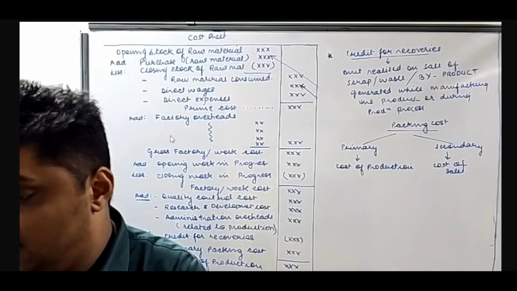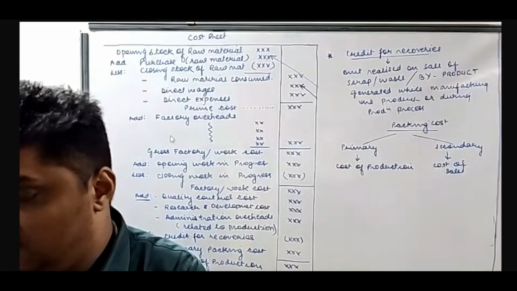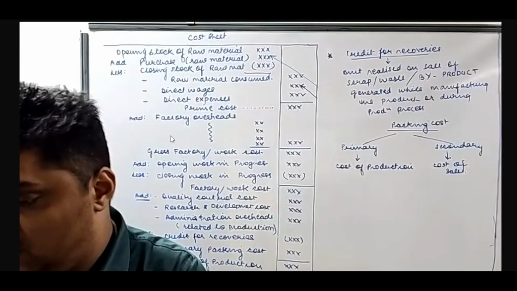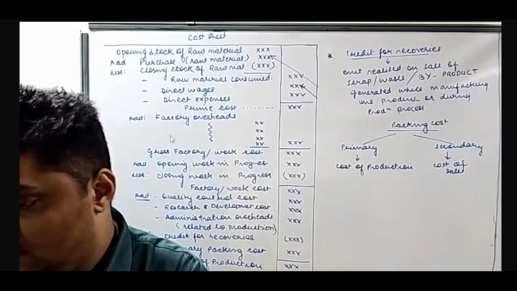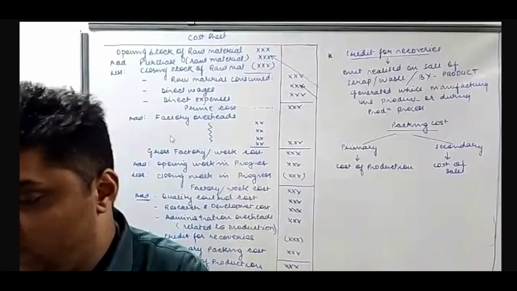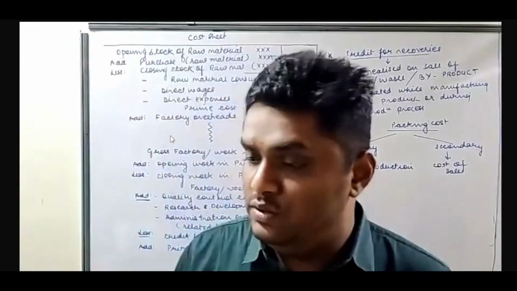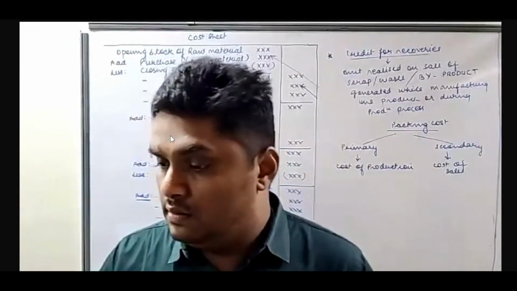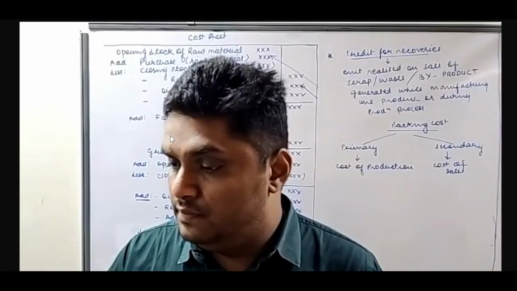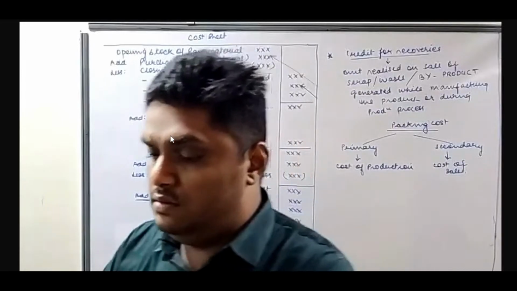Any doubts, guys? Wait for some time, Abdan. I'll be covering this part also. Don't worry. Let me complete all these points one by one. I'll be covering all these points also. Don't worry, guys. Arjun, any doubts?